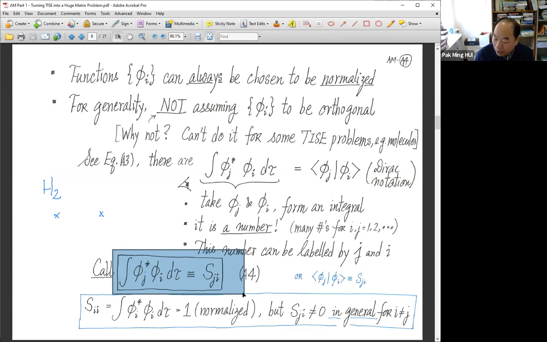Now, a very reasonable choice will be, let's start off with some atomic functions of the hydrogen atom.